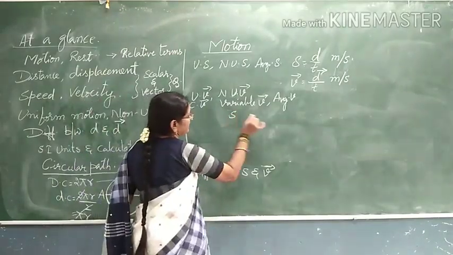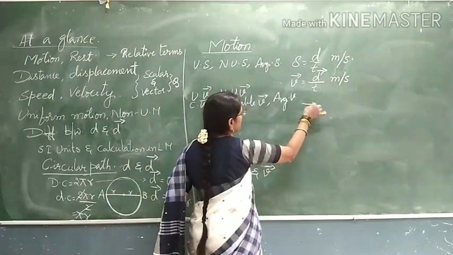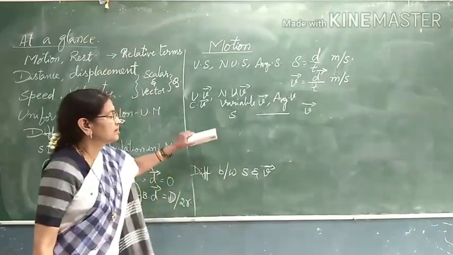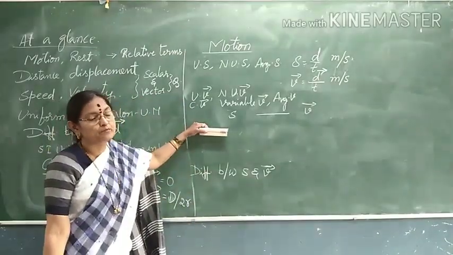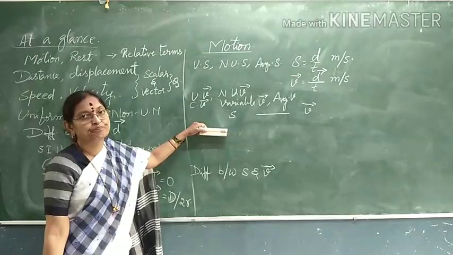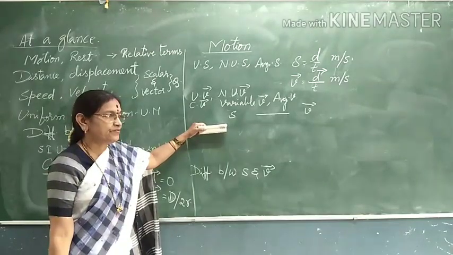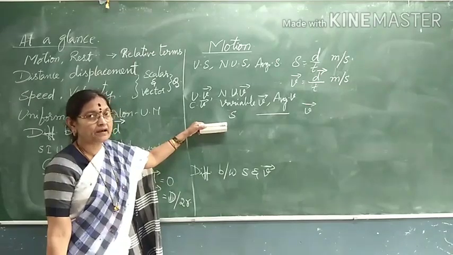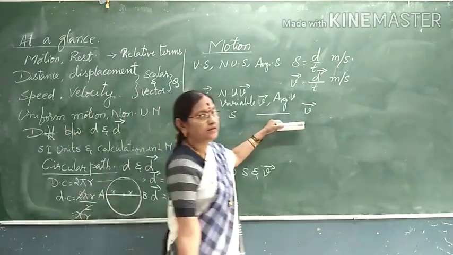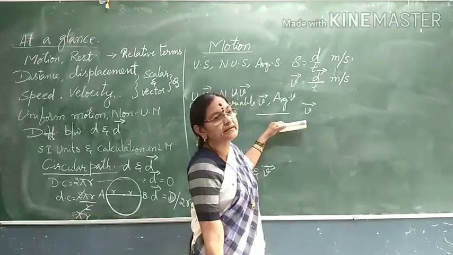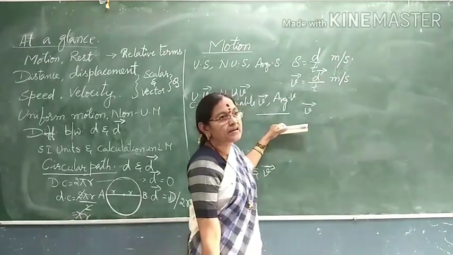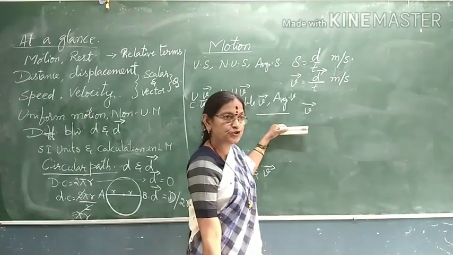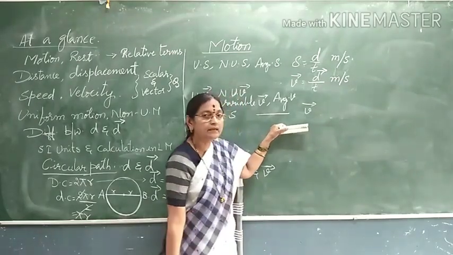When you are taking speed and velocity, listen carefully. Speed is the distance covered by a moving body in unit time, or the rate of distance covered by a body. Whereas velocity is the rate of displacement of a moving body, or displacement in a particular direction from its initial position to final position in unit time.